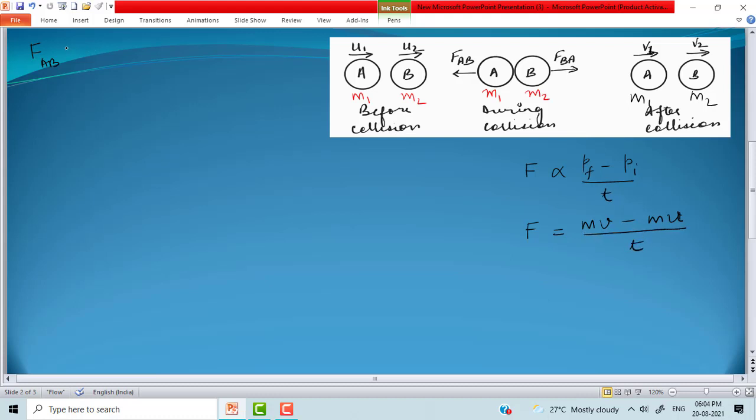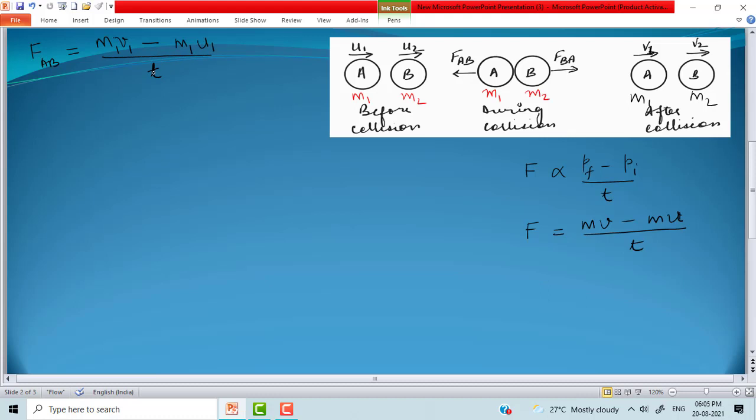Since we consider only A, the final momentum is m1 v1 minus the initial momentum m1 u1, divided by time t.